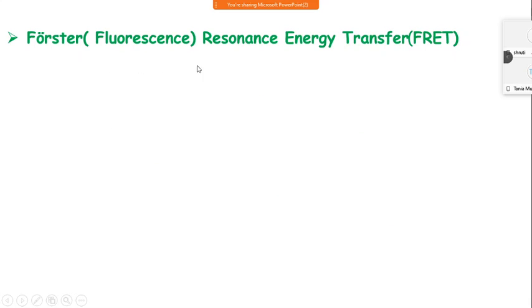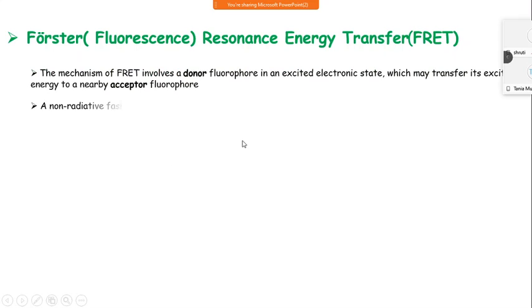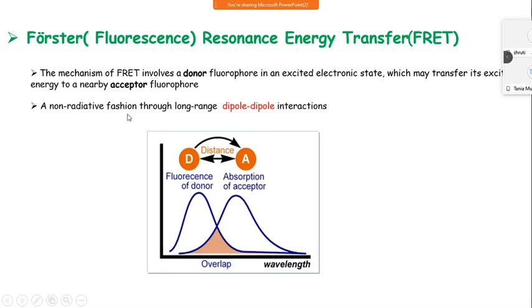So here we discuss fluorescence resonance energy transfer, which is basically known as FRET, in which we have two fluorophores, one donor fluorophore and one acceptor fluorophore. These are non-radiative. In this diagram, we show the fluorescence of the donor and the absorption of the acceptor, and there is a distance.